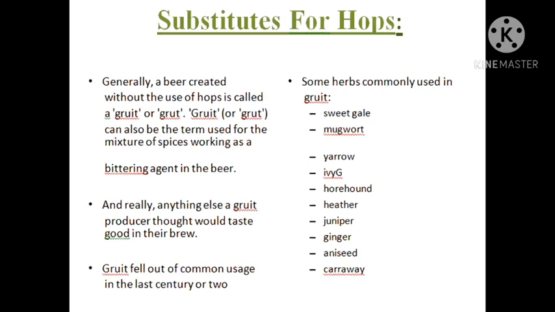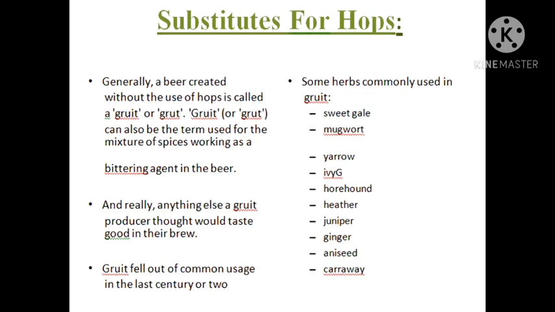Generally, a beer created without the use of hops is called a gruit. Gruit, G-R-U-I-T, can also be a term used for the mixture of spices working as a bittering agent in the beer. As we all know, hops is the bittering agent and aromatic agent for the beer.